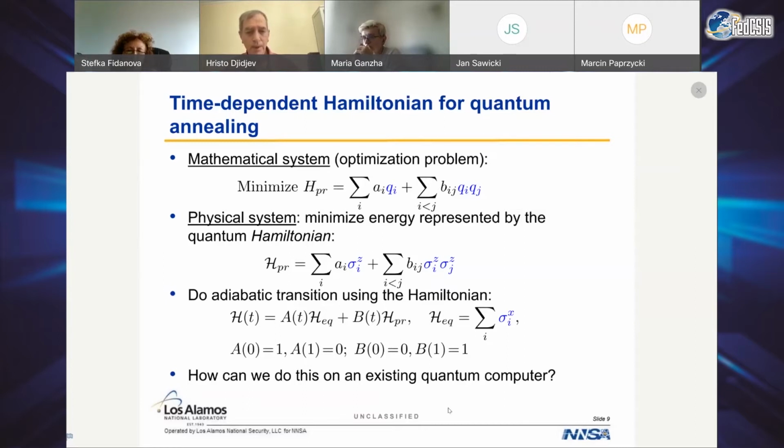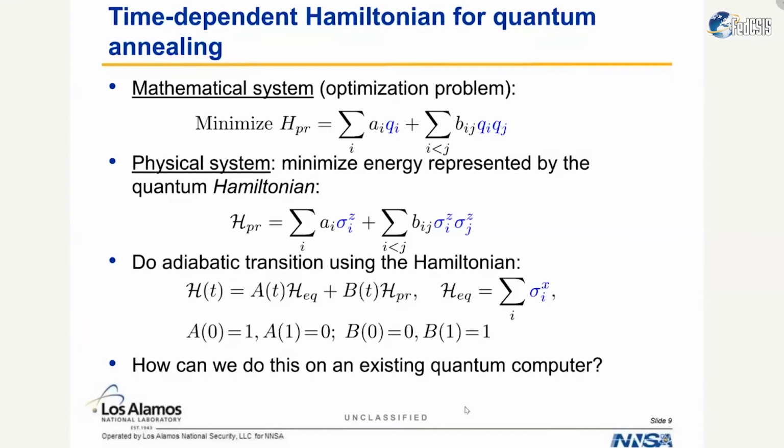Okay, and then we do a linear combination of those two Hamiltonians, H sub EQ and H sub PR, by using time-dependent coefficients, which have the property that at time 0, only the first coefficient, A, is non-zero, equal to 1, and at the end, only the other coefficient is 1, the other is 0.